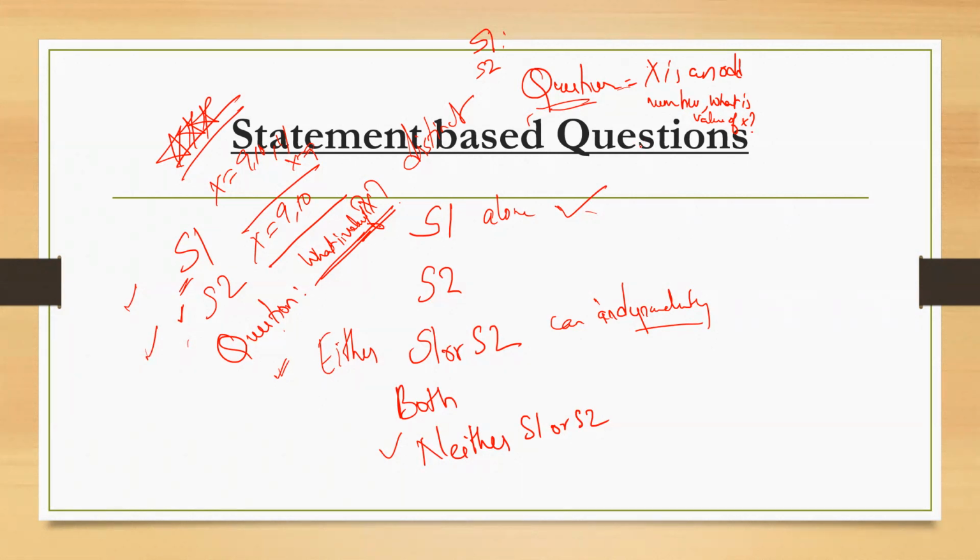What are we asking? This is the question: x is an odd number, what is the value of x? Some conditions are given. While you solve such conditions, statement 1 gets you a value of x is equal to 9, 10, 11. Statement 2 gets you the values x is equal to 9 and 10.